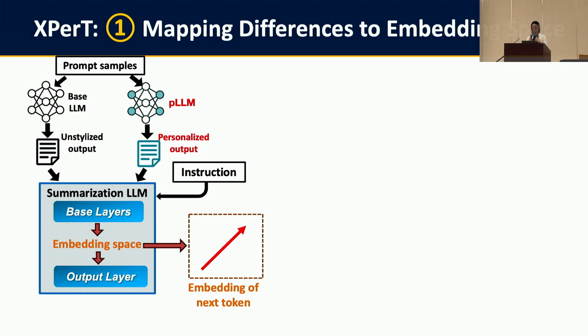Then we employ a summarization model to summarize the difference between these two distributions. Instead of directly using the model's final output, we choose to extract the hidden state, which means the embedding before the output layer. In this way, the difference between these two models can be quantified.